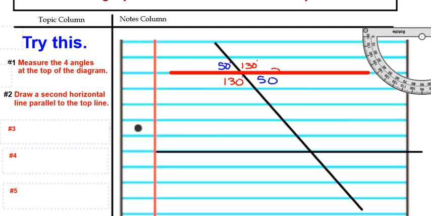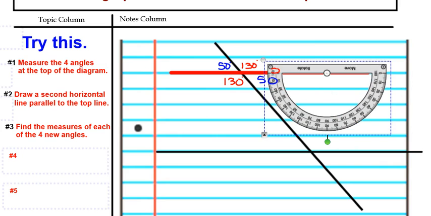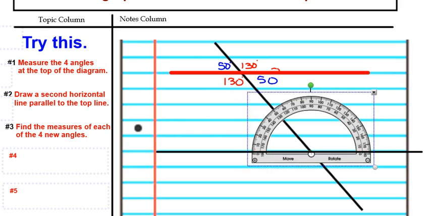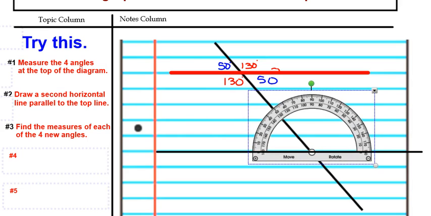Draw the horizontal line. Then I want you to find the measure of each of the 4 new angles. So we're going to take our protractor. I'm going to spin this guy around so it's upside right. I'm going to put it on right here, and we're going to measure again. And again, I'm measuring my angles.